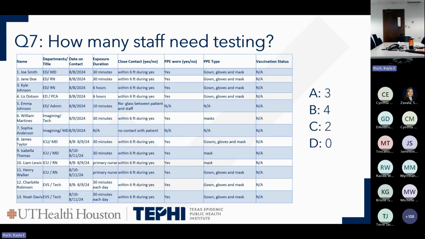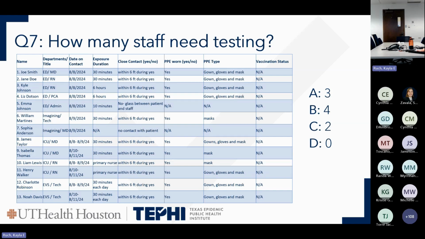So now here is your spreadsheet of the 13 staff that you have interviewed. You have called every single individual and asked all the information above: exposure duration, close contact, if PPE was worn, PPE type, and vaccination status. We put NA for vaccination status since for this specific pathogen, it does not come into play.